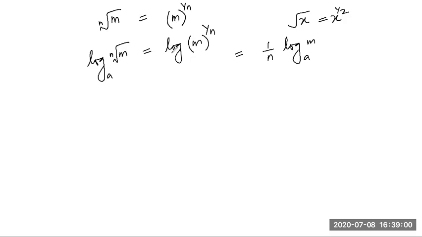When you take log on both sides, students, don't forget, you have to take log to the same base. This is a very, very important thing. It comes 1 by n log m to the base a. So like this, difficult things become rather easy for us to work upon.